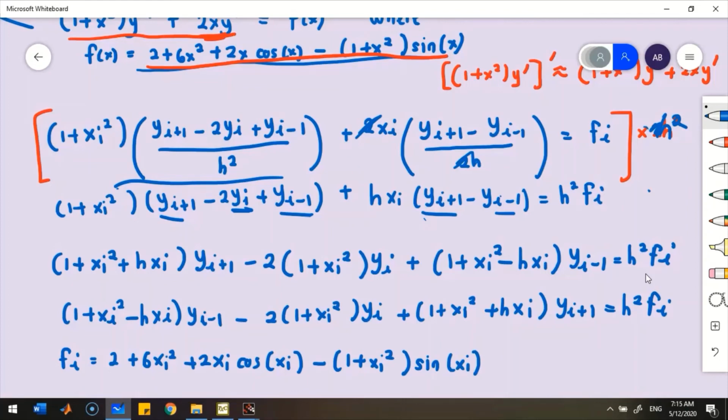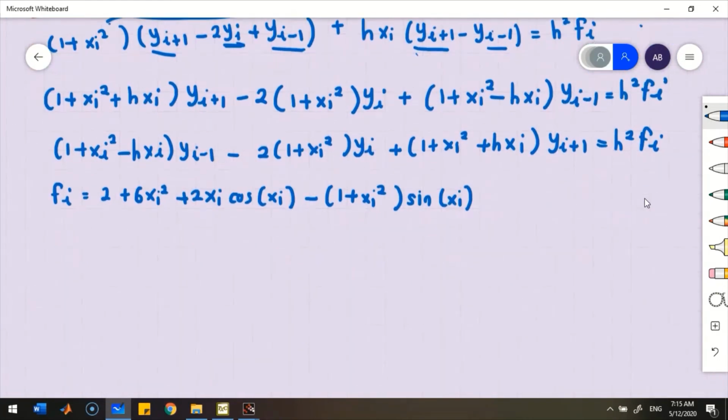Now for this reason, there are two ways. If I want to keep h squared negative, I can multiply this whole thing by negative, or I can remain like this and write the system.